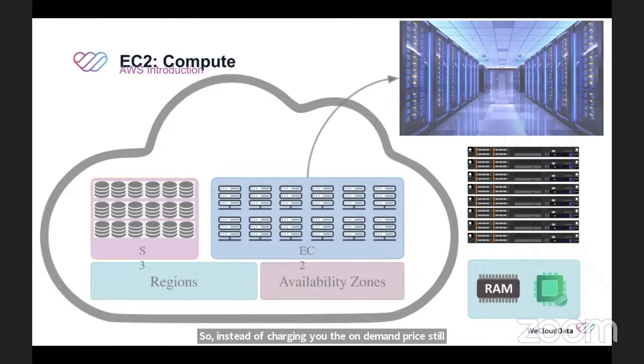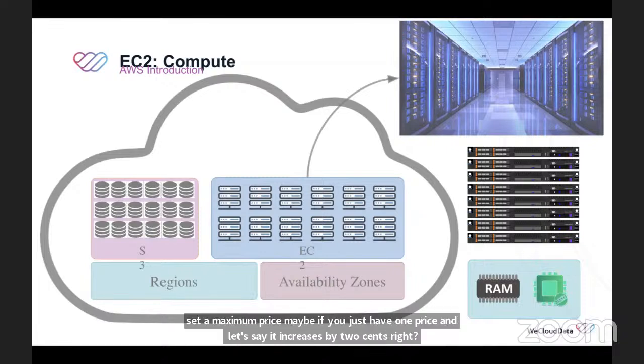Now, unlike the on-demand price, the spot instance price does fluctuate, due to the demand. So when you are requesting a spot instance, you need to set a maximum price. Because if you just have one price, and let's say it increases by 2 cents, and you're not paying the extra 2 cents, then they'll terminate your instance.